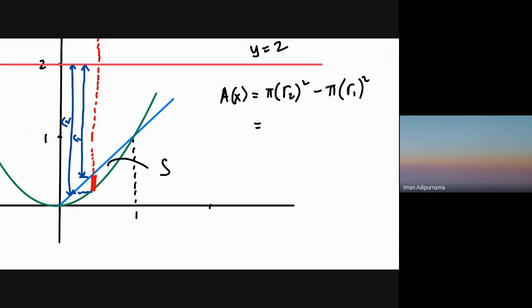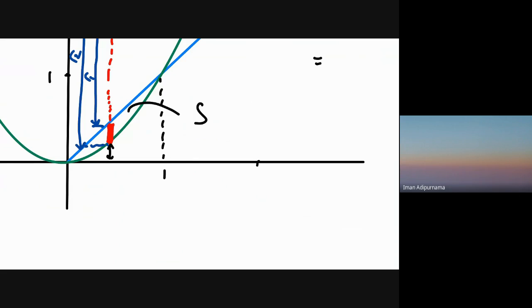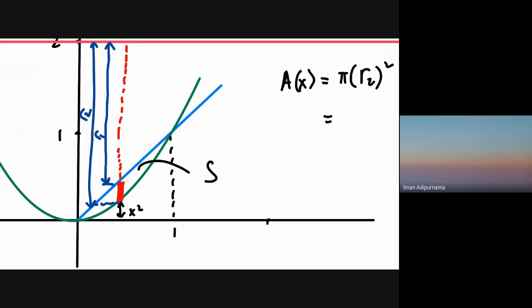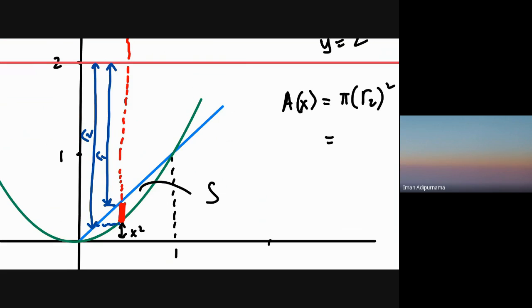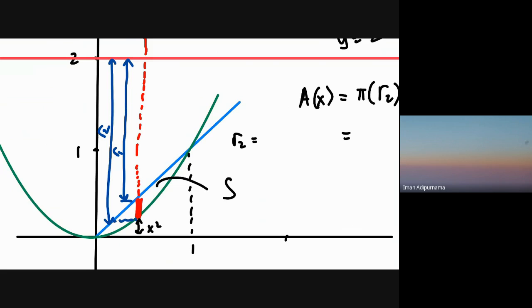So this is x squared, right? So let me write here to give you more idea. This is x squared, this is y, or in terms of the green curve it is x squared. So the total radius is 2 minus x squared. R2 is 2 minus x squared.